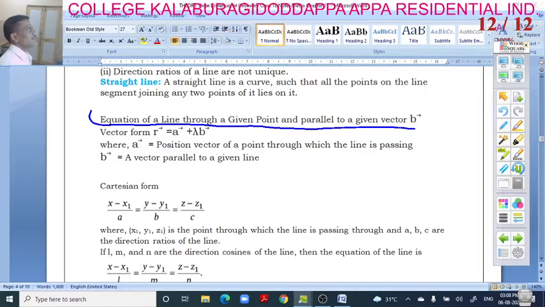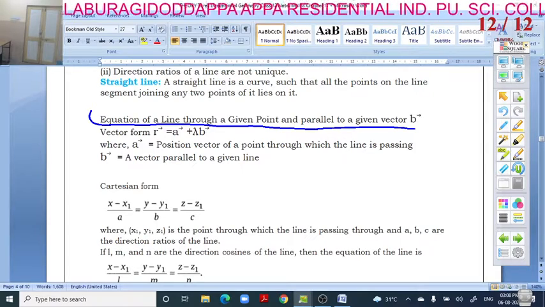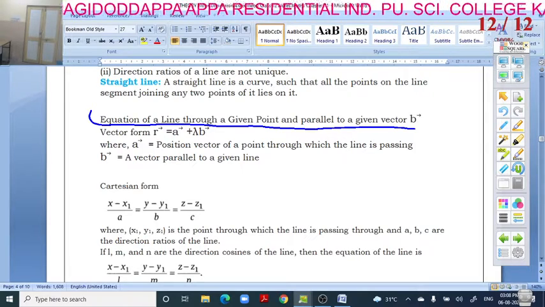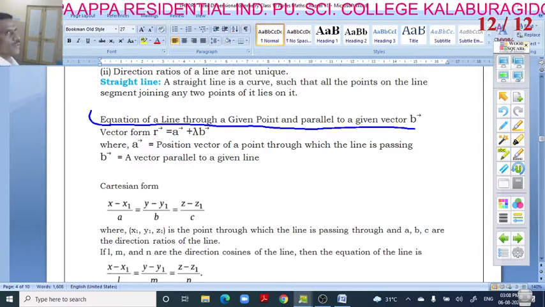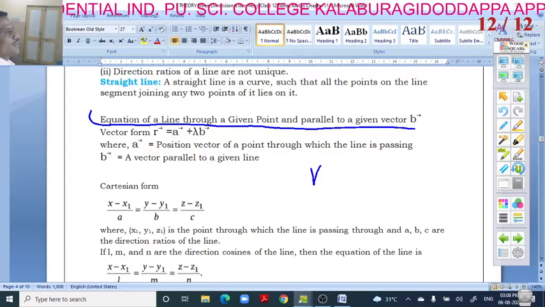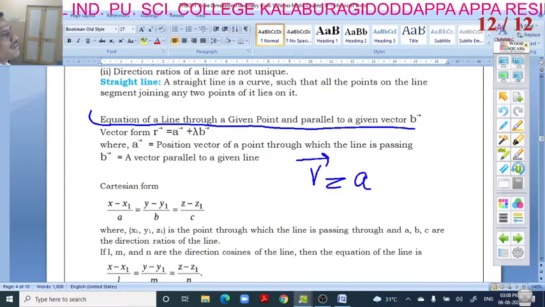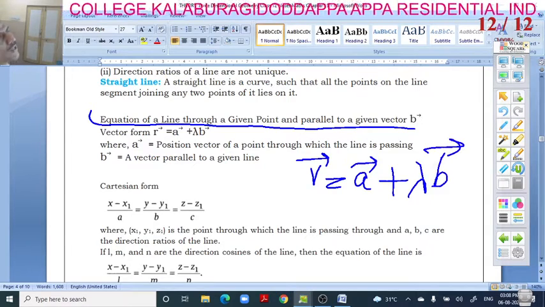Now we are studying this in 3D. The equation of a line through a given point and parallel to a given vector b is given by vector r is equal to vector a plus lambda vector b.